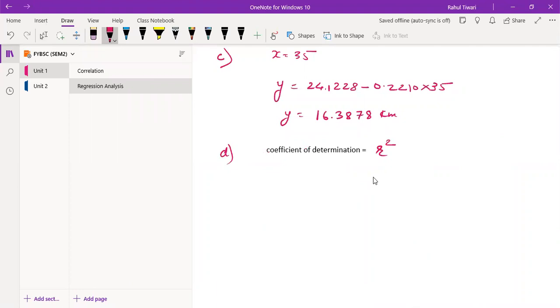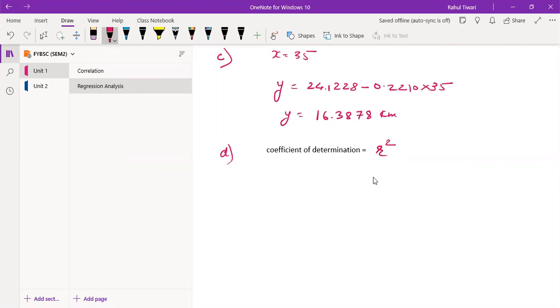You know what R is? R is a correlation coefficient. Remember, try to understand the concept. R is a correlation coefficient, and when I square it, it becomes the coefficient of determination.